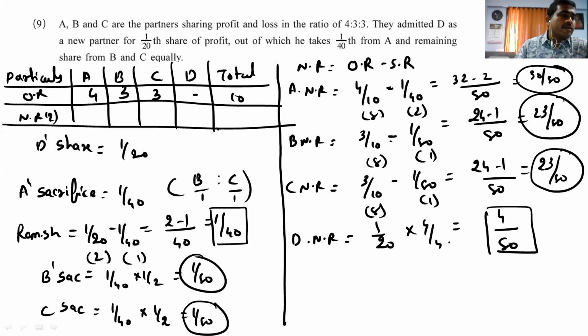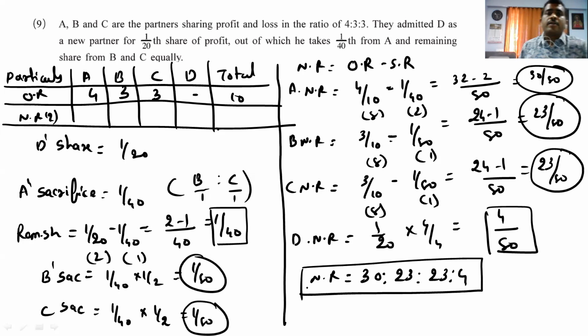30 by 80. So the final answer of our new ratio is 30 is to 23 is to 23 is to 4. Total comes to 80. So what is the sacrifice ratio now?